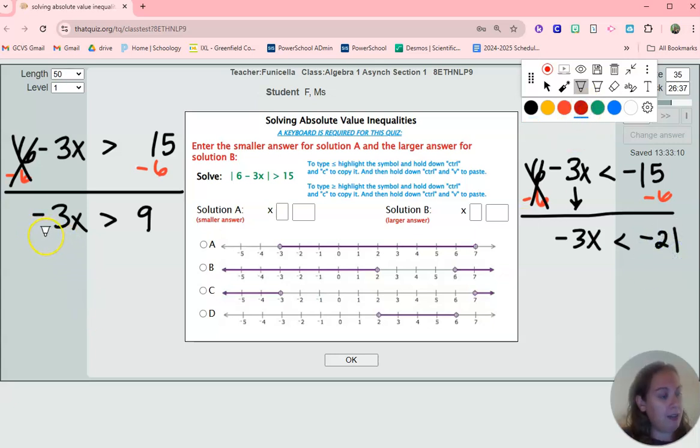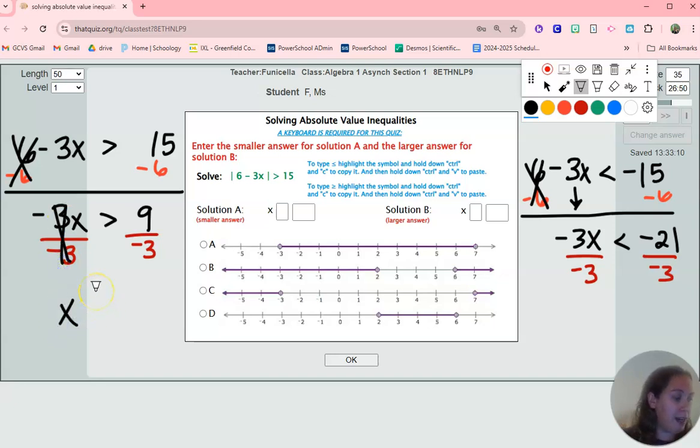And then because this negative 3 is being multiplied, we're going to divide everything by a negative 3. And we get x, because we divided by a negative, flip that sign, is less than negative 3. And again on the right, x, we divided by a negative, so flip that sign. Negative 21 divided by negative 3 is a positive 7.